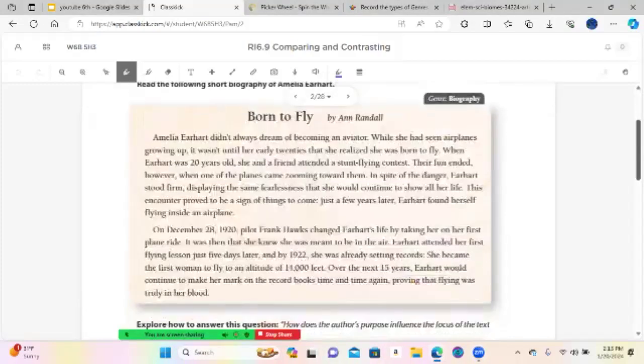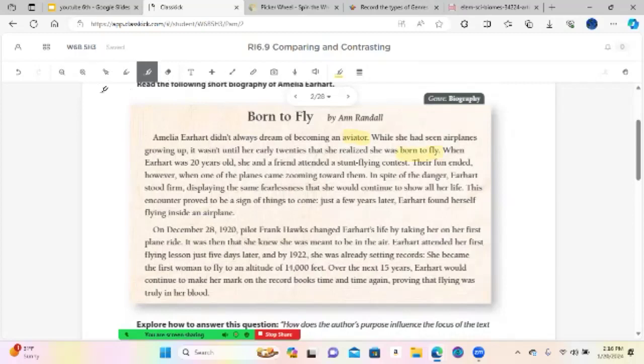So Born to Fly. Amelia Earhart didn't always dream of becoming an aviator. While she had seen airplanes growing up, it wasn't until her early 20s that she realized she was born to fly.